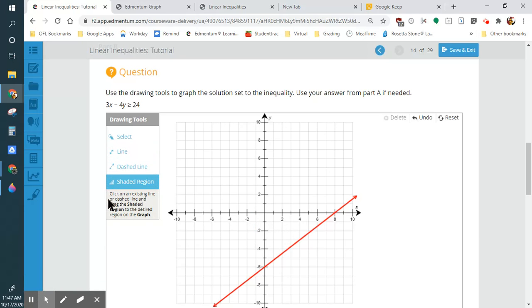So what you have to do with this tool is you have to click the line. Oops, that's not what I wanted to do. How do I undo this? Undo. Oh, there it is. There's literally an undo button. So click the line and shade upwards.